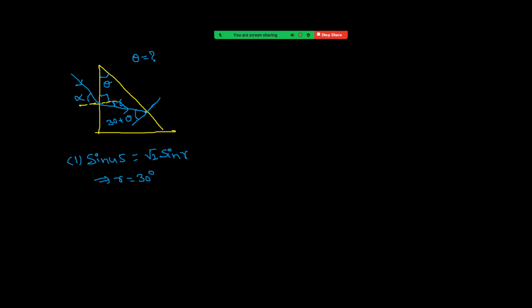To have total internal reflection, 30 plus theta must be greater than C. Now take both sides as sine here. Sine of 30 plus theta is greater than sine C. And in this case, C equal to 45 because mu value given root 2. Sine C equal to 1 by mu. Mu value given root 2.